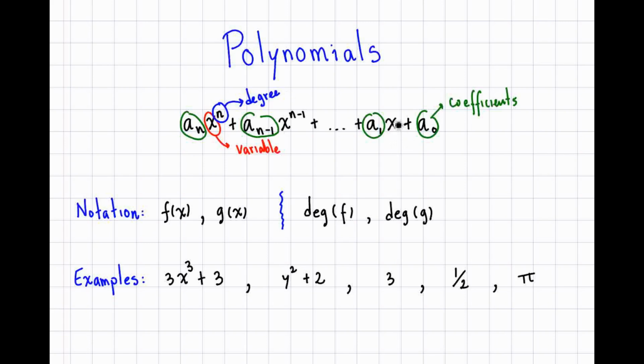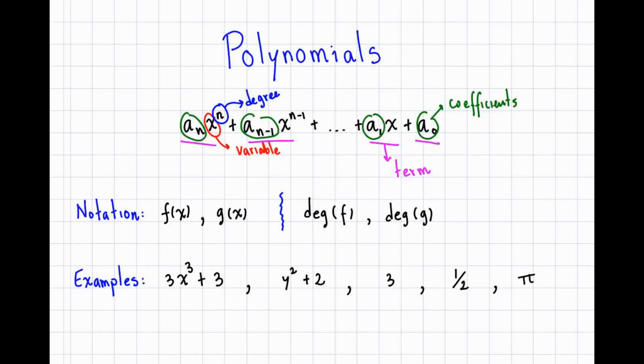Also, every member of the sum is called a term of the polynomial. So we can say that a polynomial is a sum of terms.